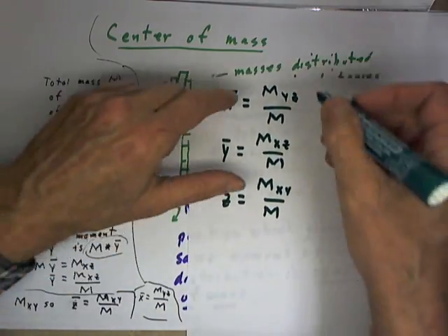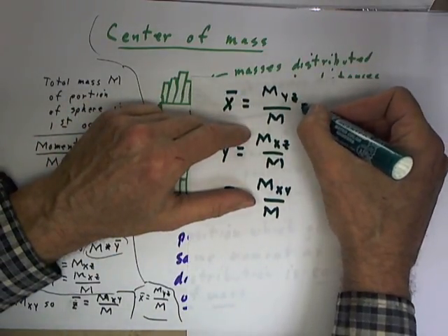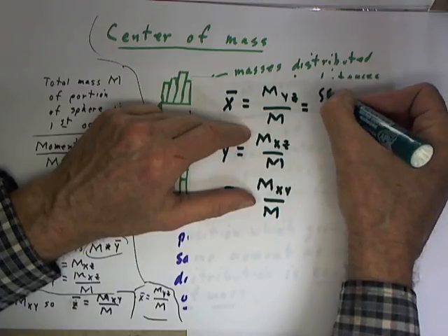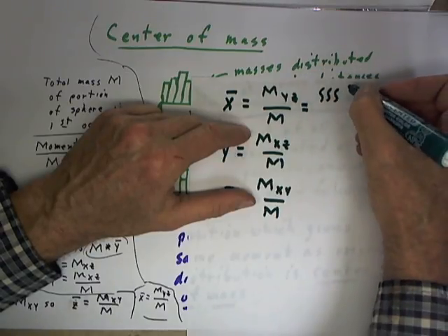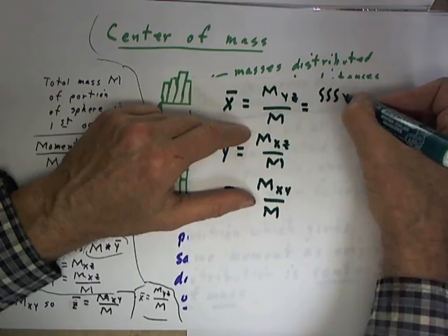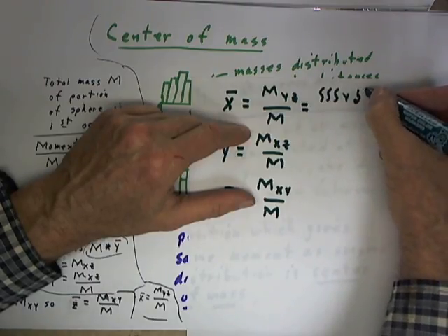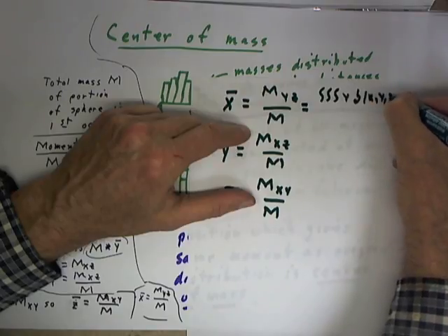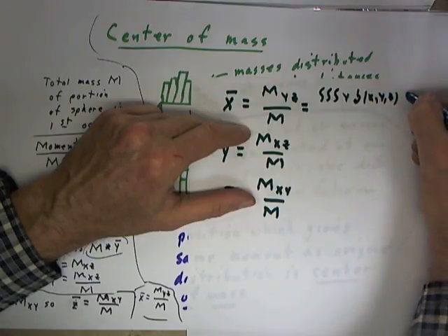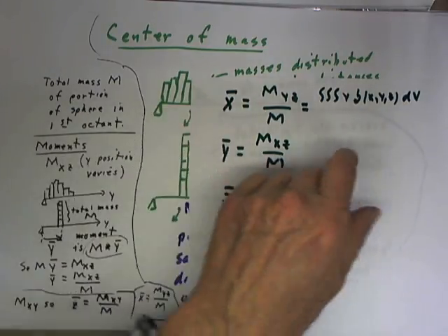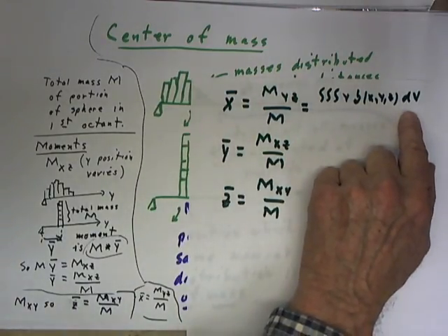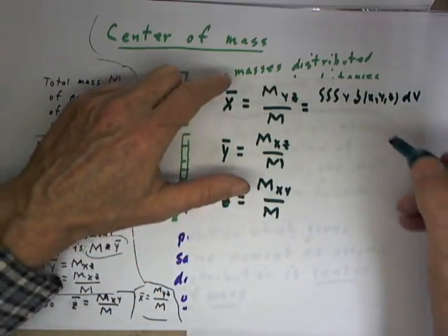Now, what is myz and what is m? myz is a triple integral of x times the density of xyz times our volume increment, which could be dx, dy, dz, dz, dy, dx, whatever.